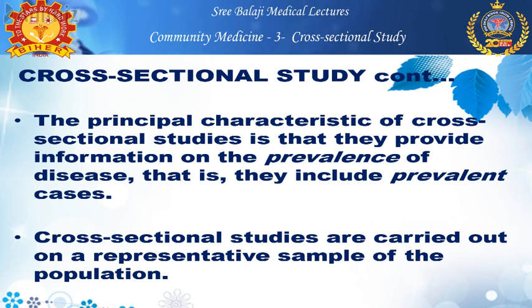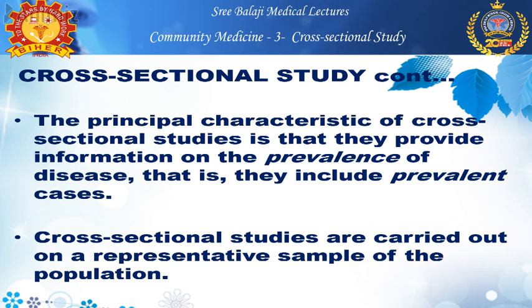The fundamental concept in a cross-sectional study is, here we are doing a study only on a sample of the population, and whatever the analysis, whatever the result that we are getting from the sample, we are extrapolating to the reference population from which the sample is taken. For example, somebody wants to know about the taste of an apple. What we do?